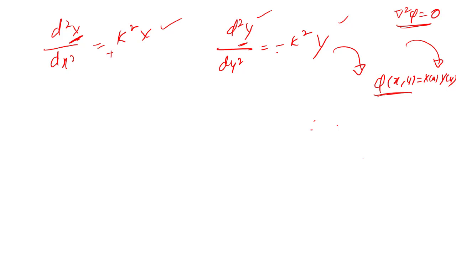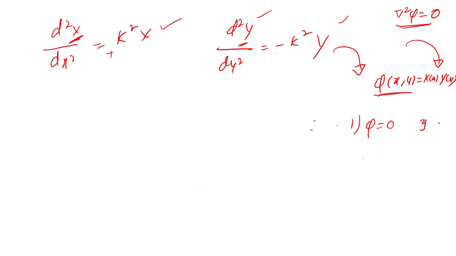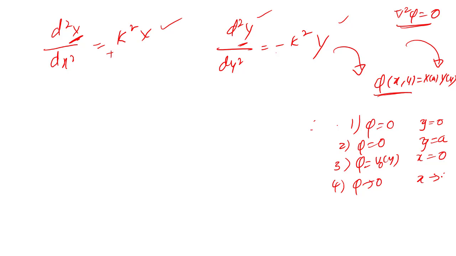The first boundary condition is phi equal to 0 when y is equal to 0, and phi is equal to 0 when y is equal to a. There is potential only in the strip, and that is equal to v0 of y, at x equal to 0. And the fourth boundary condition is phi goes to 0 as x goes to infinity.